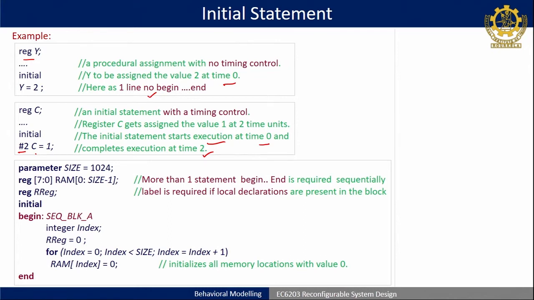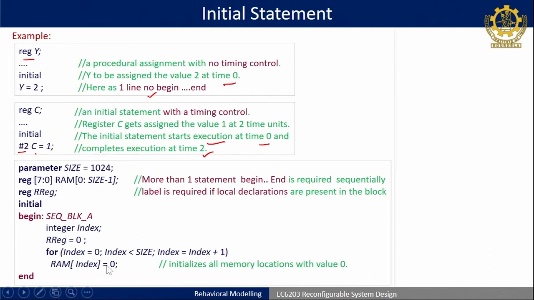Again it is a single line statement, so we have not written any begin end here. If there is more than one statement, then we have to specify a block of statements inside a begin end block. If you are writing a begin end block, by default the block is sequential in nature, meaning execution will be done one after another, like C, you know.